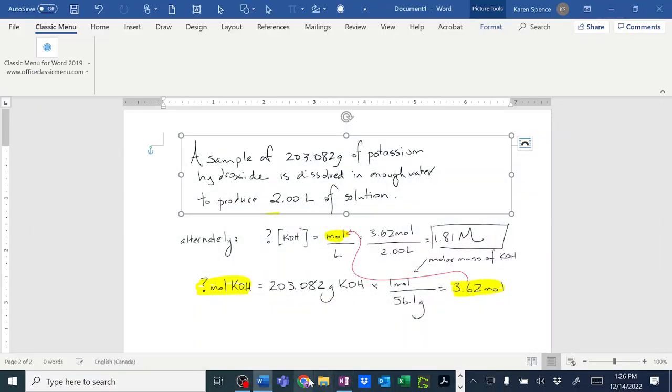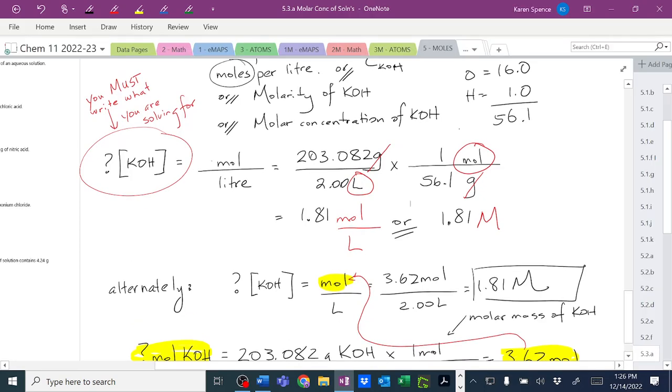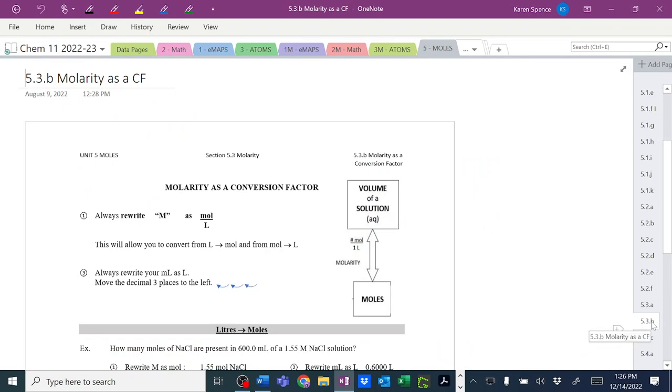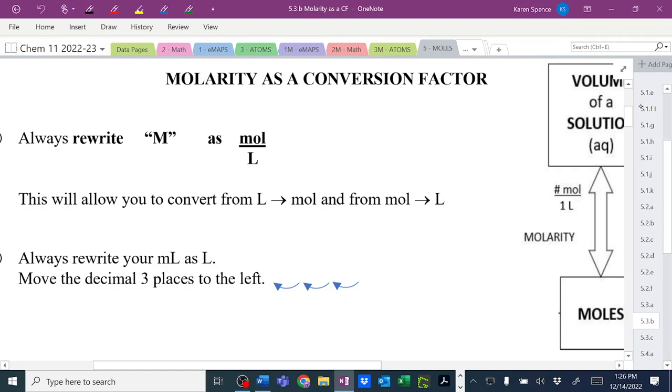Okay, so we are going to page 59, (5.3b). So guess what? Moles over liters, you have something over something else. That can be a conversion factor.